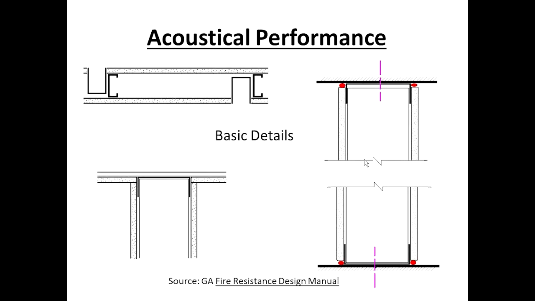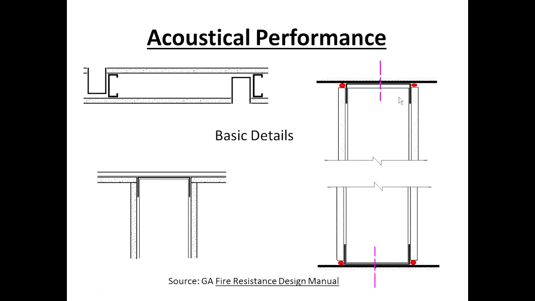Maybe not. I've done a lot of forensic work on acoustical assemblies, hotels, condos, where they didn't get the sound ratings that they wanted, and it was usually the result of poor planning or installation regarding flanking, and that's what these details are covering.